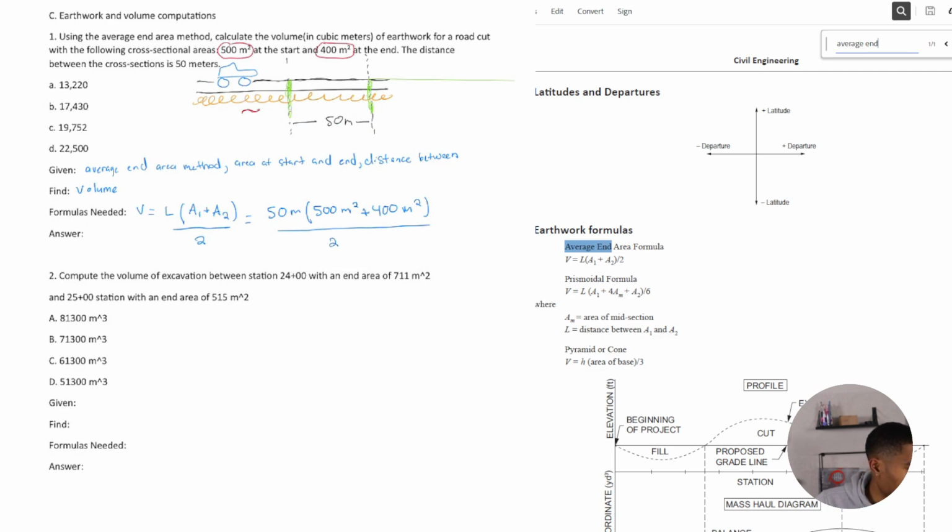And so I am left with 22,500 meters cubed. Cubic meters. Okay, so I'm left with answer D.